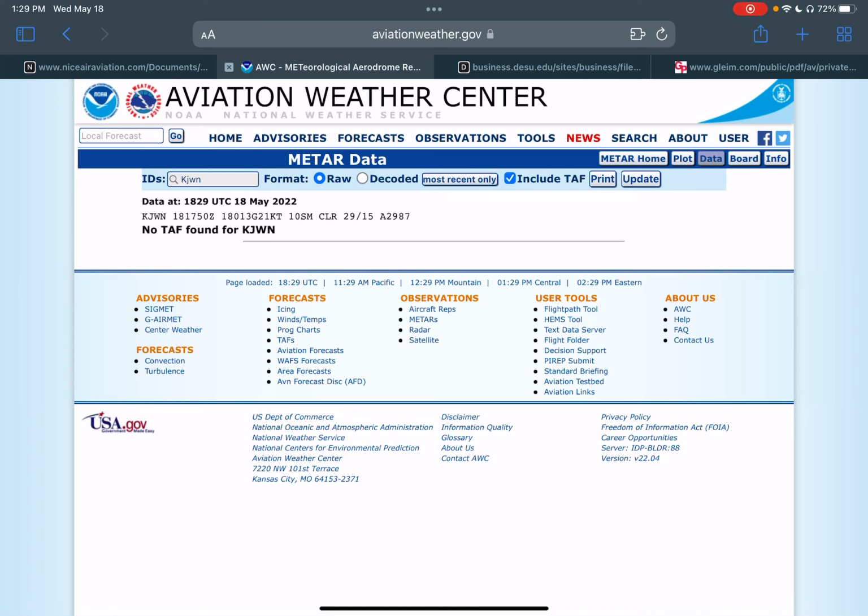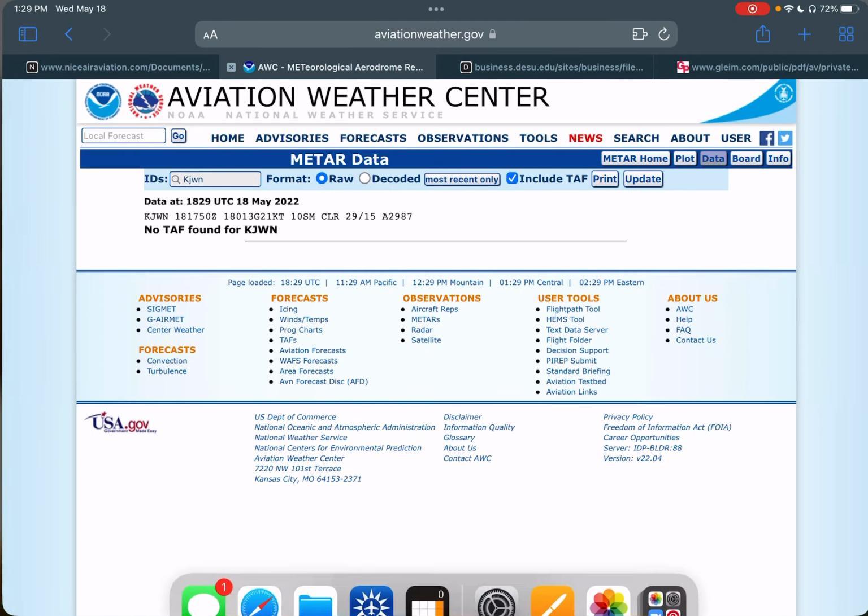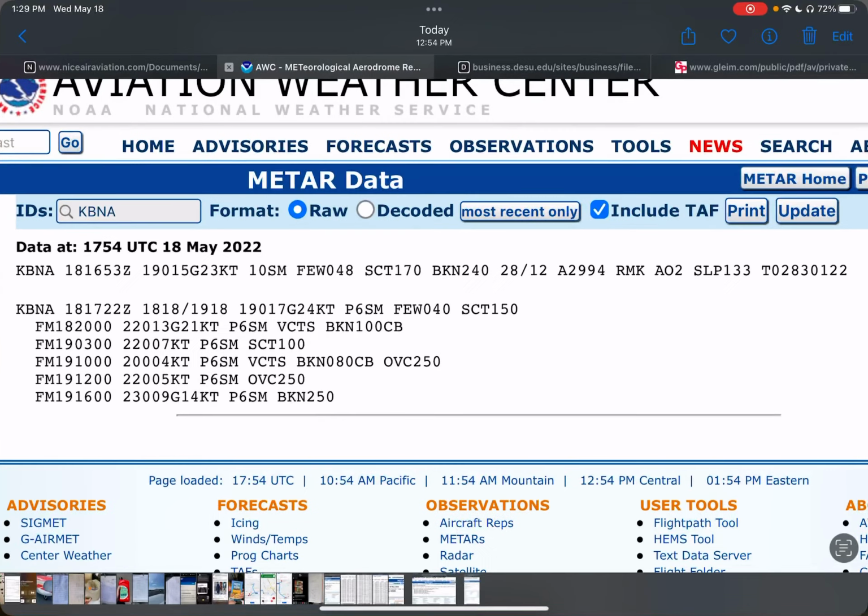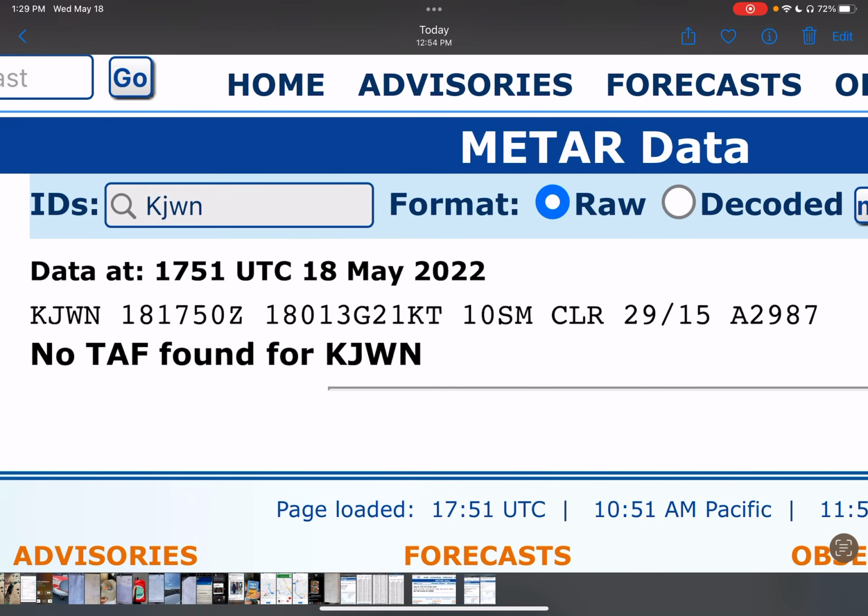A SPECI is published whenever there's a dramatic change in weather. So if the field is VFR and then goes to IFR in the middle of the hour, they'll publish a SPECI to report that. I took a screenshot of this earlier that we can look at over here.